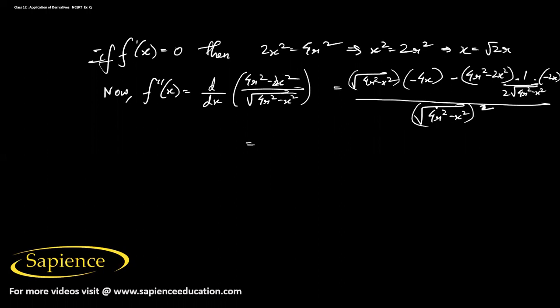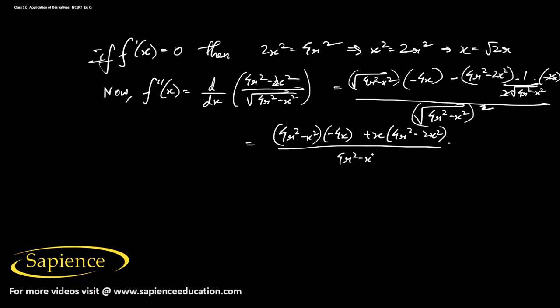So if we take the LCM here, this will be 4r square minus x square into minus 4x, and this will be minus of x into this, so plus x into 4r square minus 2x square, then that divided by 4r square minus x square.